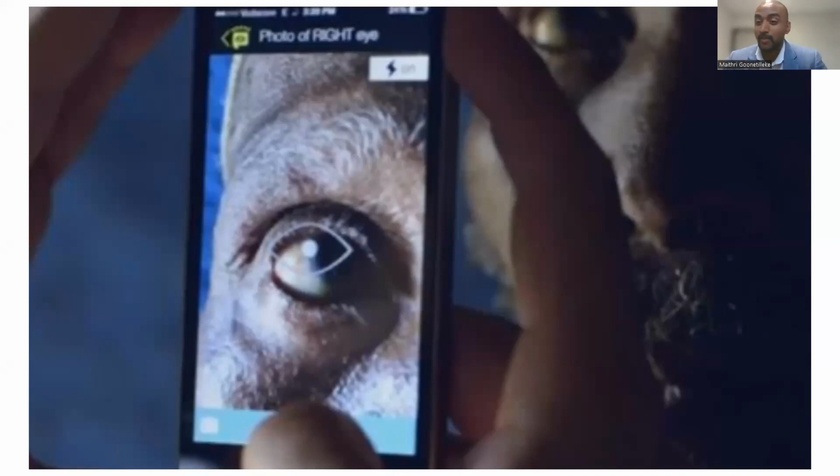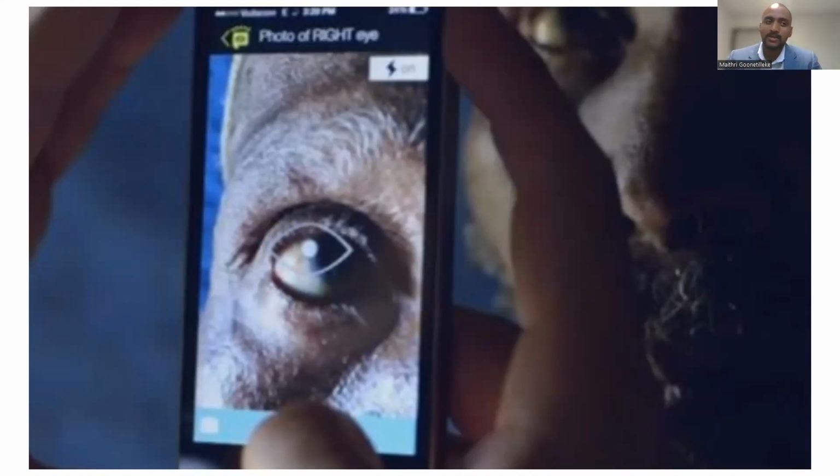And if you go to the next slide, some of the digital innovations that we've seen: this is an app made by a mate of mine who is an ophthalmologist in South Africa, and he made an app which allows healthcare workers to take a photograph of a cataract and send it digitally in real time to a specialist in South Africa or in the center of Swaziland, and they can provide real-time feedback about what that patient needs.